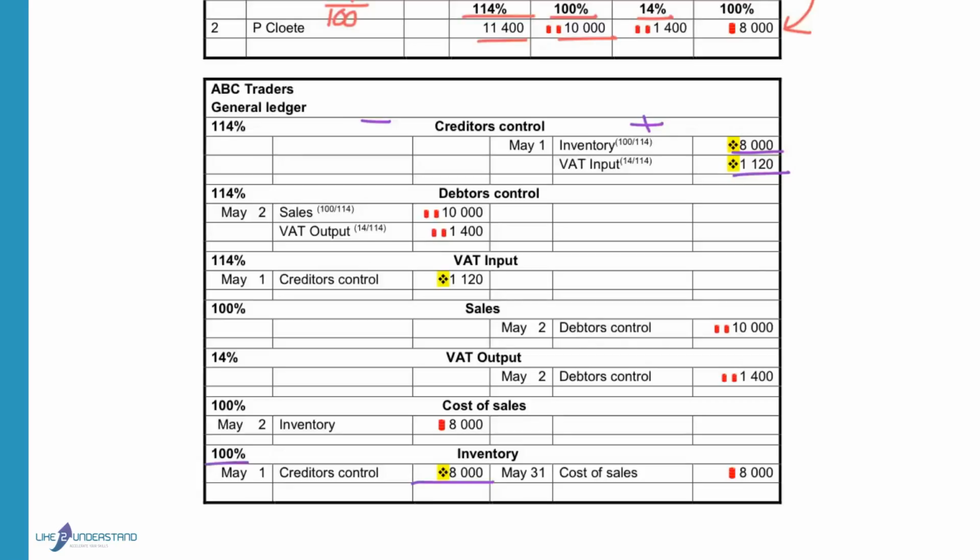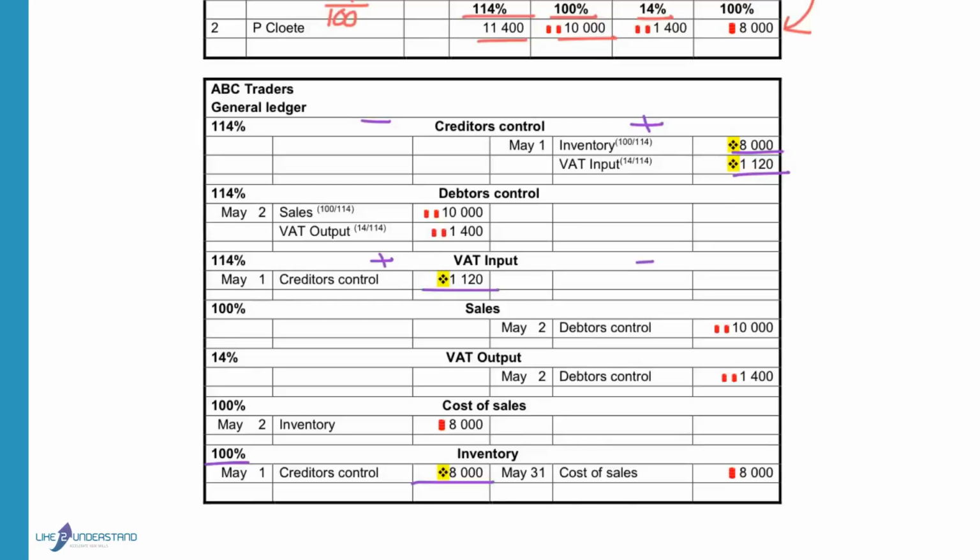That is a 100% account to indicate what is the actual cost price of the inventory for the business. Because we paid 1,120 to the creditors, we can claim this back, so we will debit that input, that's an asset. Assets increase on the debit side with 1120.